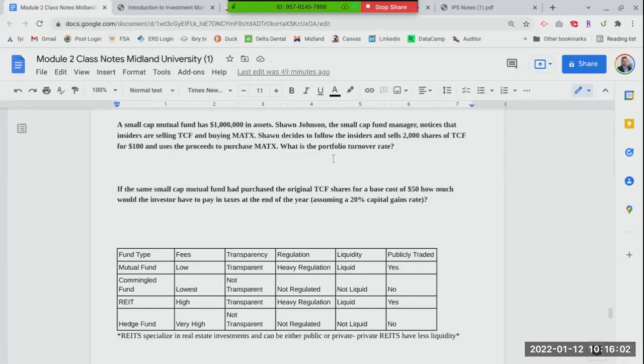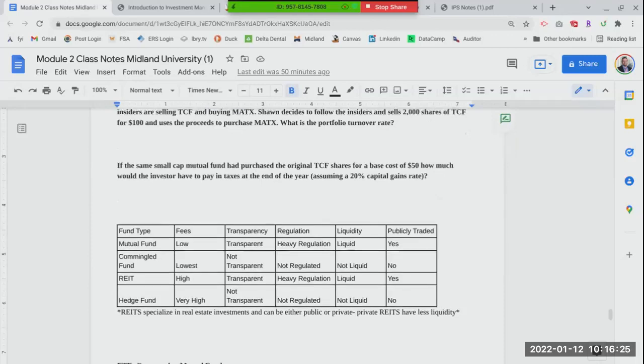What is the portfolio turnover rate? Portfolio turnover rate is 2,000 shares times 100 divided by our total assets of $1 million. And that will give us our percentage portfolio turnover.